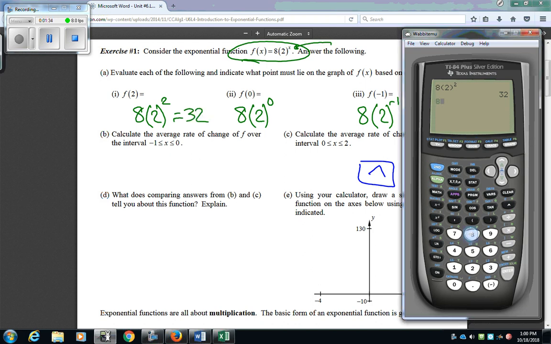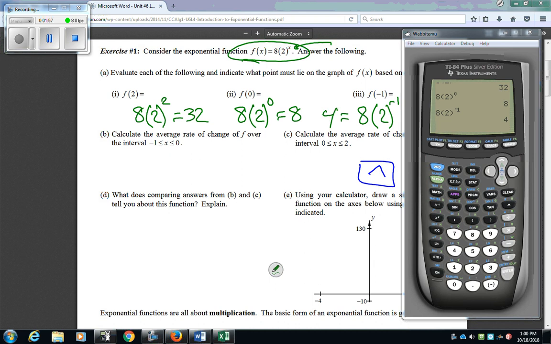And then same thing, 8 parentheses 2, 0, you get 8. And again, try this yourself, make sure you can get that function to work. And then for the last one, we're putting in a negative 1. So you get 4 for that one right there.